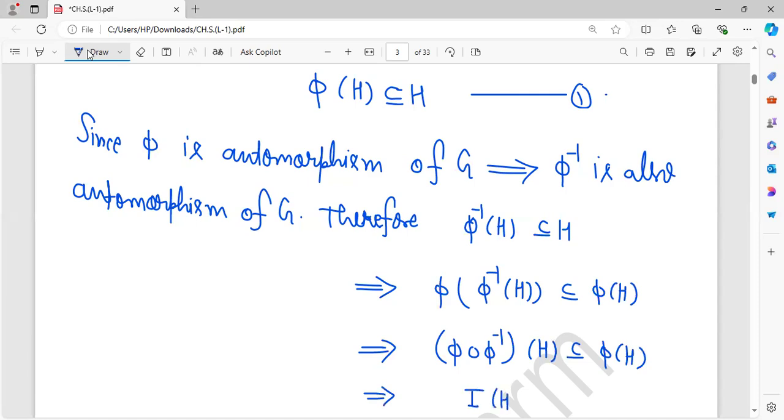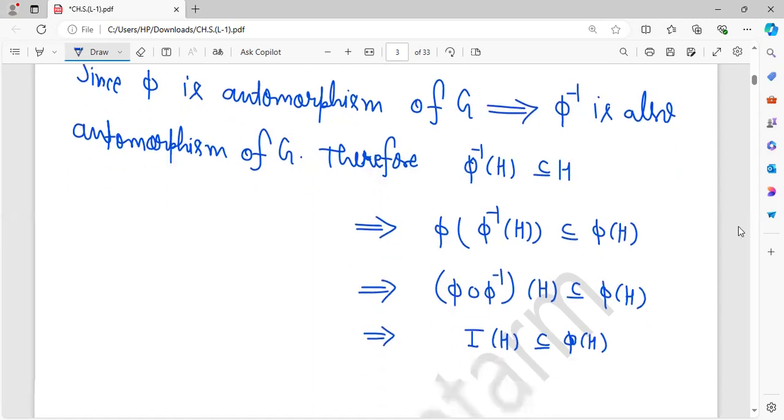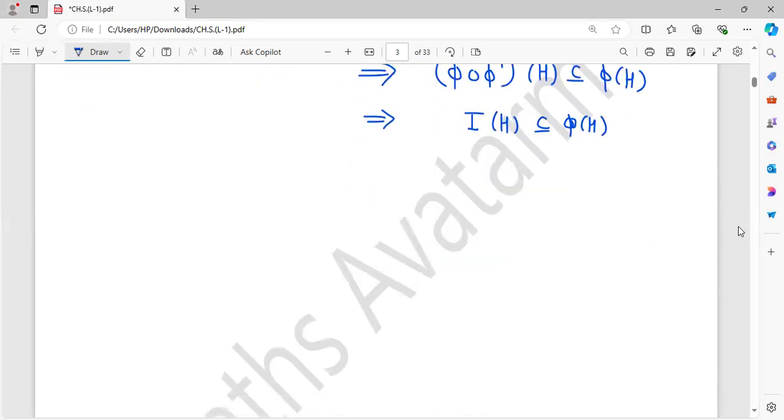So the image of H under the identity map will be nothing but H. Let's say this is equation number 2.